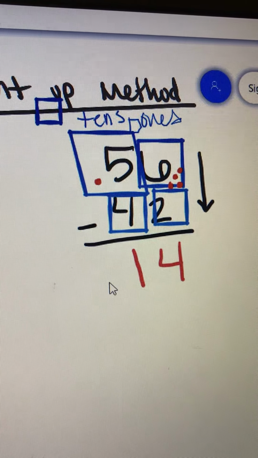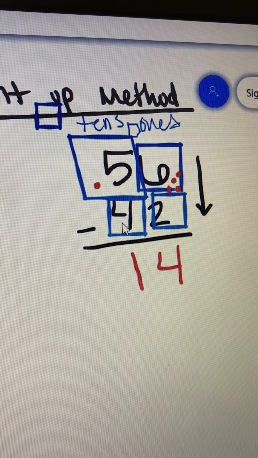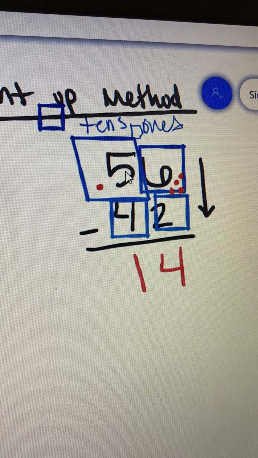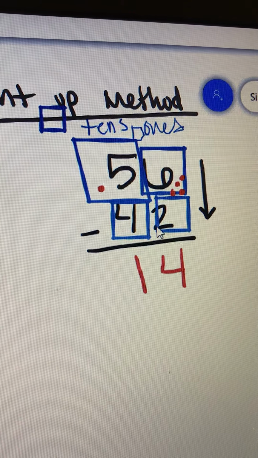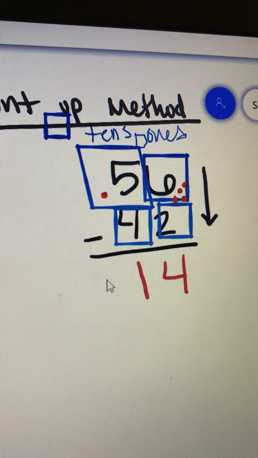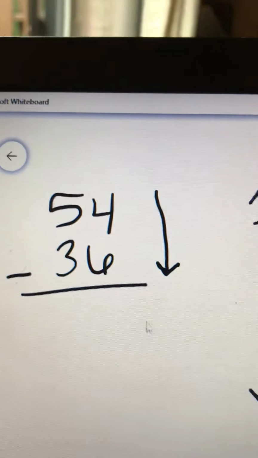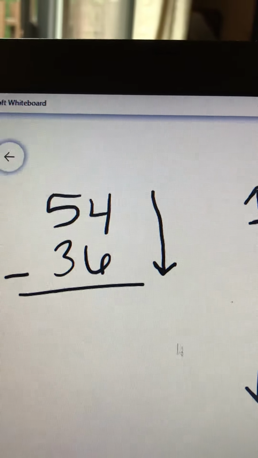So the difference of 56 and 42, or 56 minus 42, is just a different way to say it, is 14.